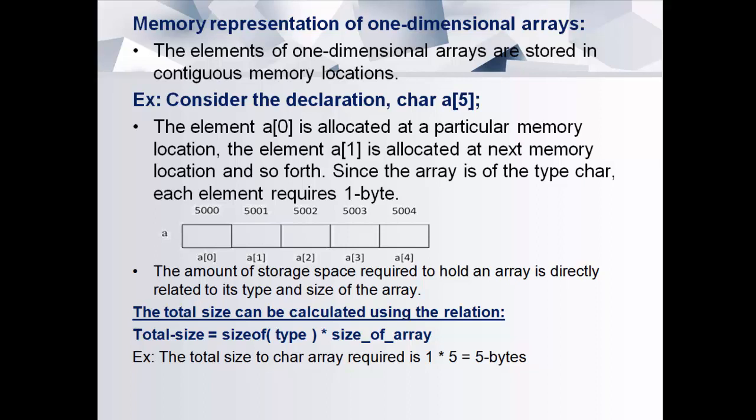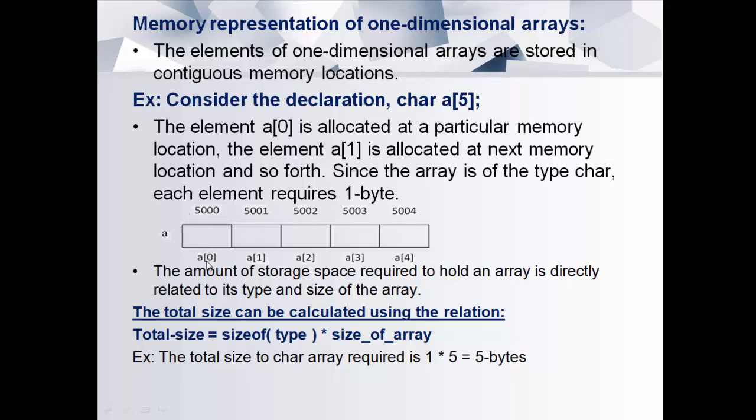Here look at the diagram. The array name is A, with A of 0, A of 1, A of 2, A of 3 and A of 4. These are the memory locations, and 5000, 5001, 5002, 5003 and 5004 are the memory addresses.